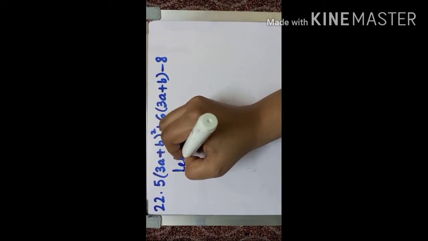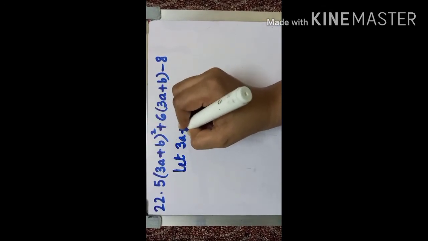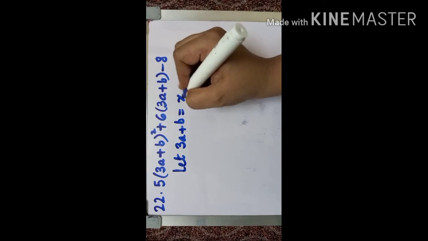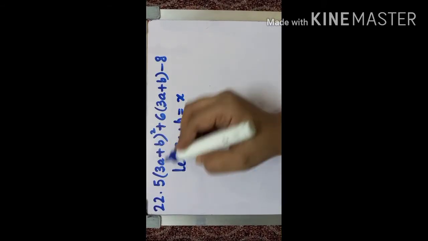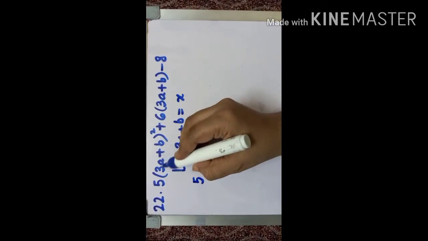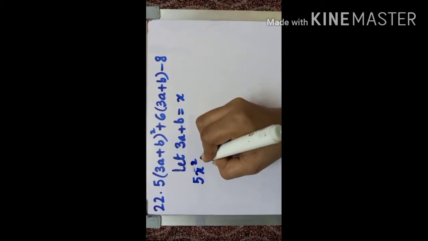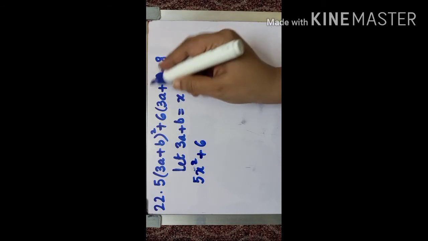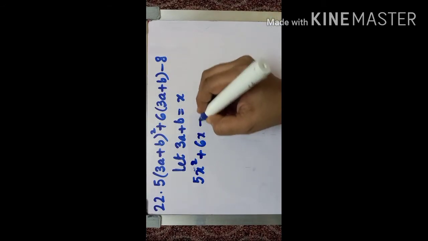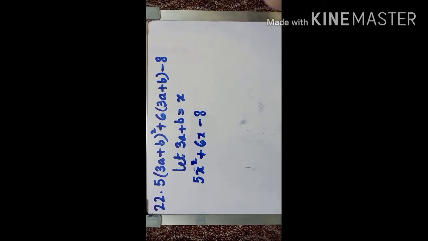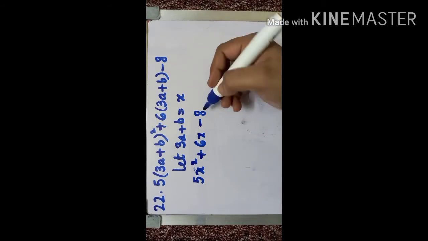Let 3a + b equal x. If you are taking this part as x, then in place of 3a + b you can write x², plus 6, in place of 3a + b again x, then minus 8 as it is.